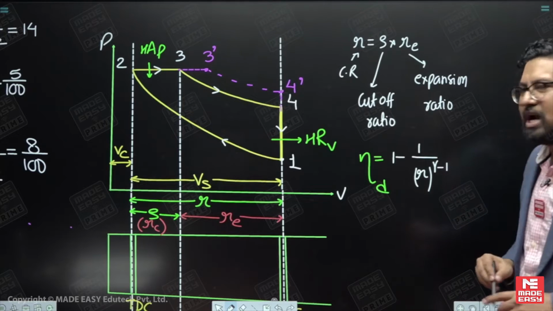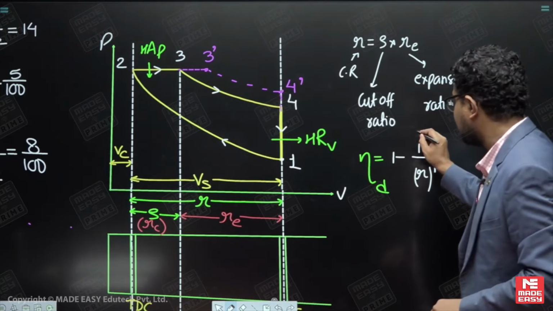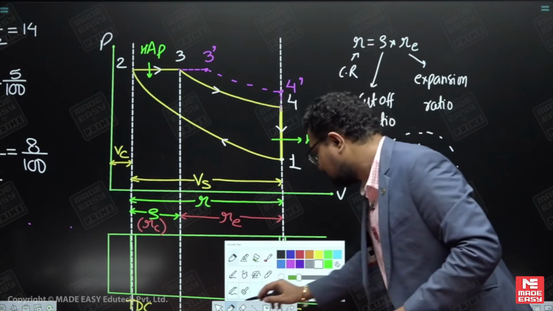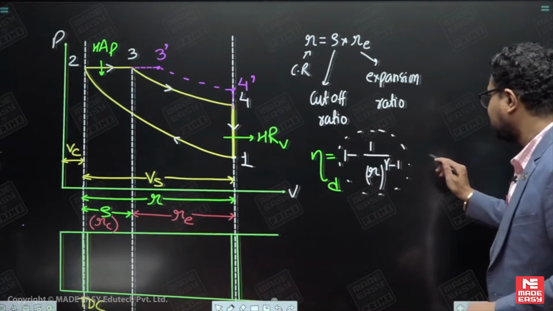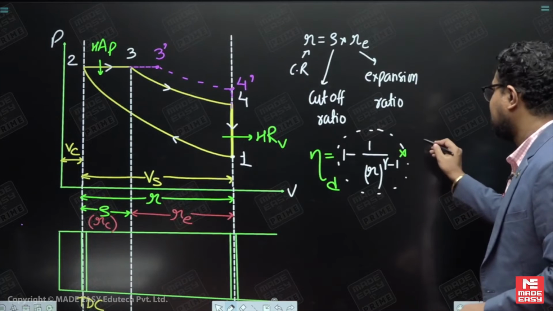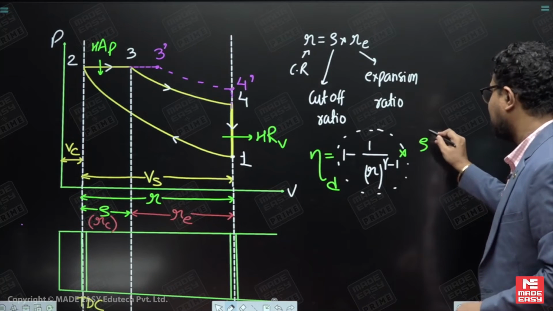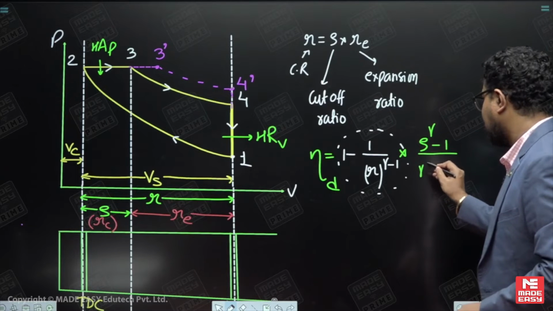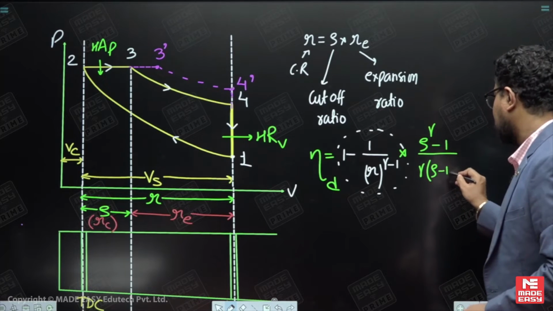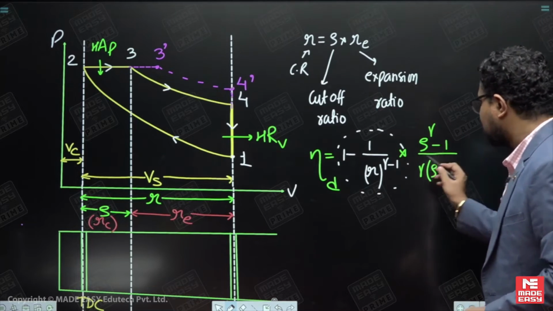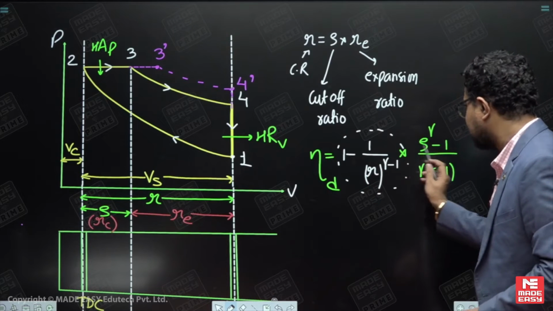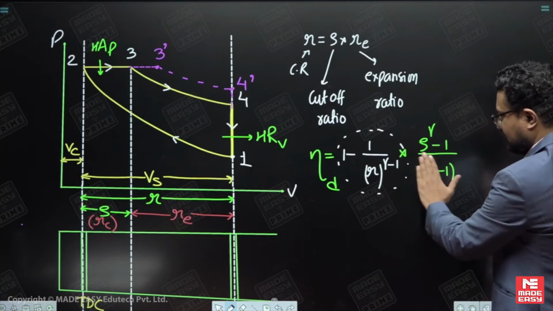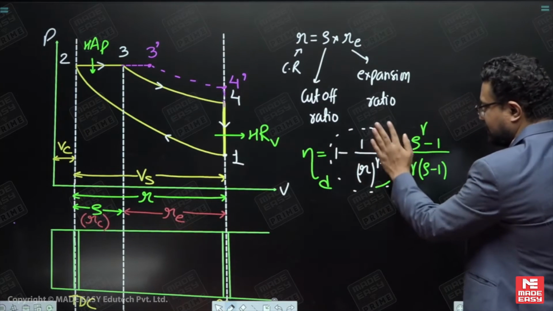These terms are common with the Otto cycle efficiency, but we have some more terms here. So this into rho, the cutoff ratio, to the power gamma, minus 1, upon gamma into rho minus 1. If we include this term also, then it becomes the diesel cycle efficiency. If we do not include this term, only the first term is the Otto cycle efficiency.